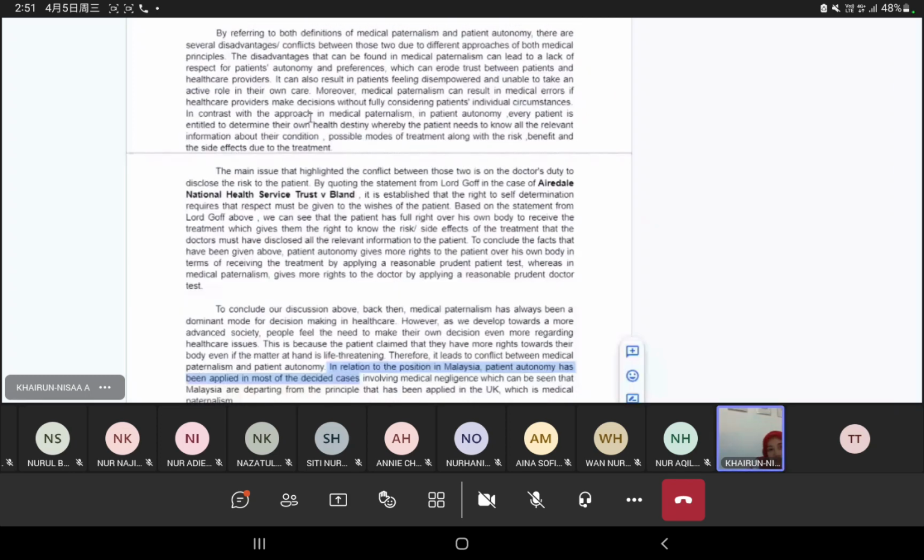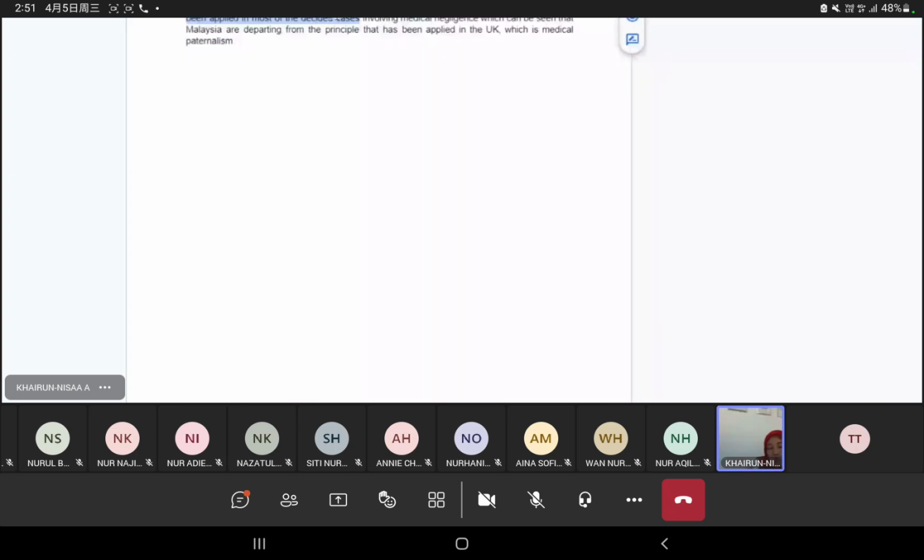If you wanted to make such a statement, then you are supposed to support it with all the decided cases. You wanted to show that in Malaysia this is the position: we are supporting patient's autonomy, and we are now departing from the principle that has been applied in the UK. Where in your answer do you say the UK applies medical paternalism?